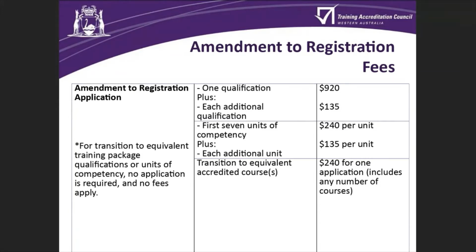And as we'll see after you've looked at the video, and after we've looked at some of the criteria, that's because there can be a range of levels of analysis that needs to be done of your application, ranging from desktop analysis, which can be done within TAC or with an auditor, or even a site visit. And so you can imagine that there are costs that need to be incurred and therefore fees that they need to be prepared to pay in order to go through those processes of amending your registration.